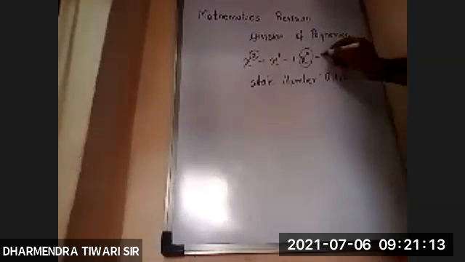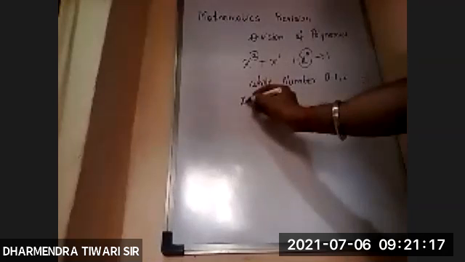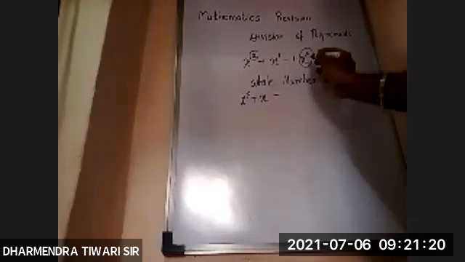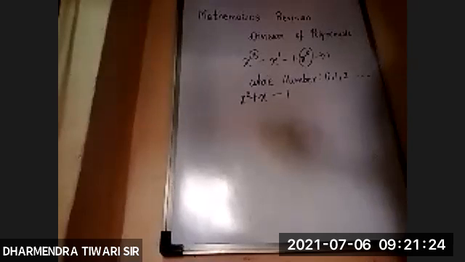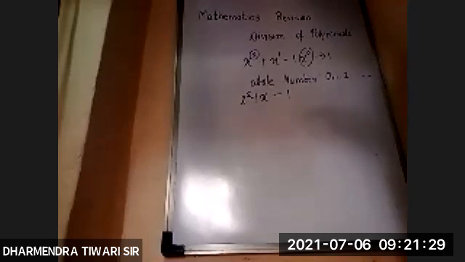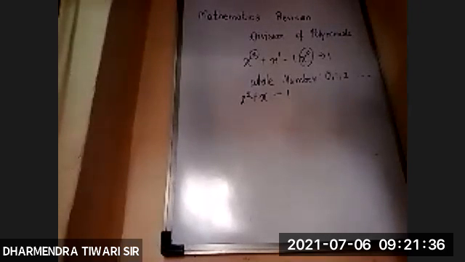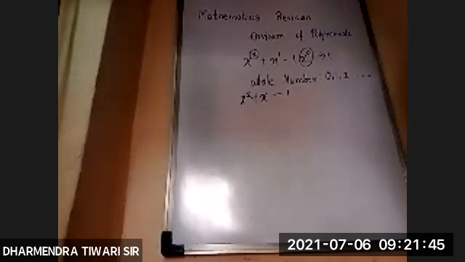Anything raised to 0 is 1 by the law of indices, so 1 into 1 is 1 again. So x square plus x minus 1: if the index is a whole number, then the given algebraic expression, you can call it a polynomial.